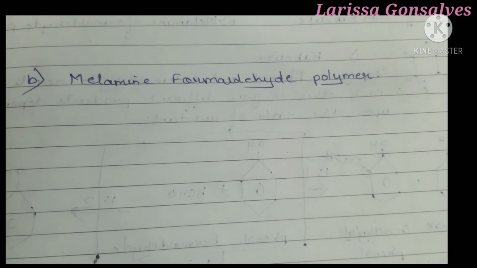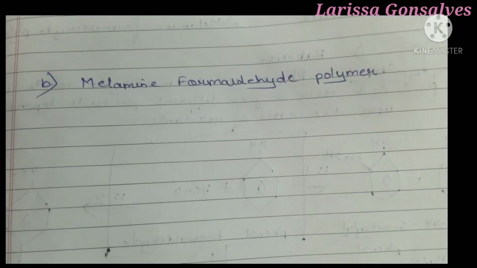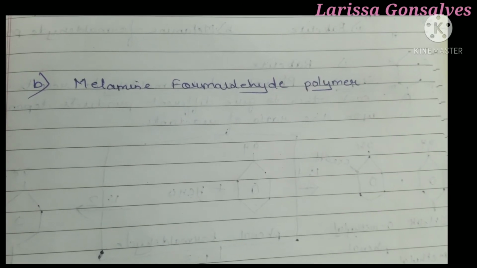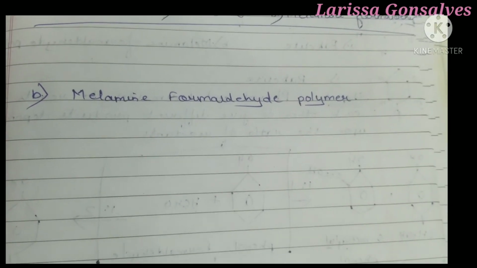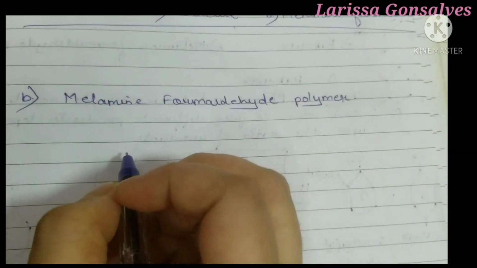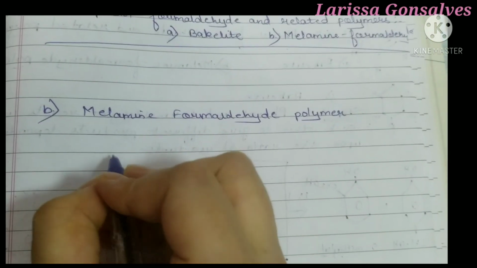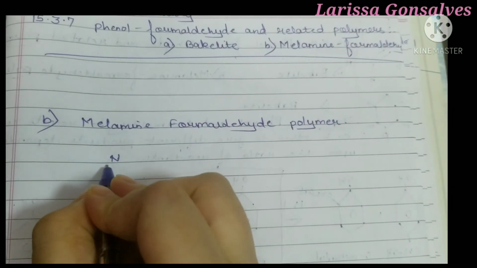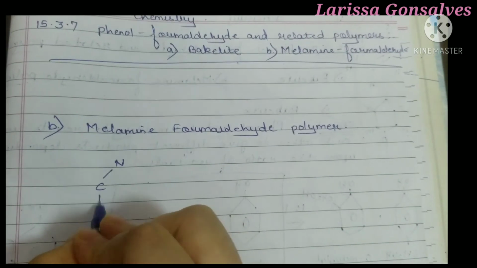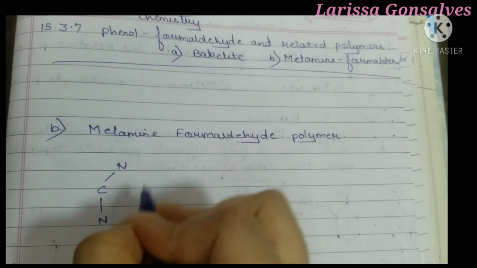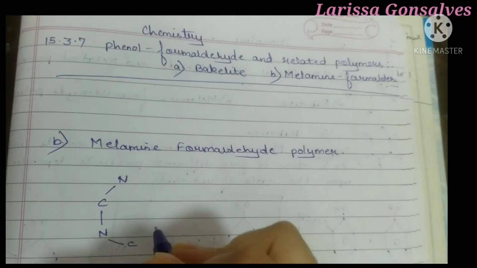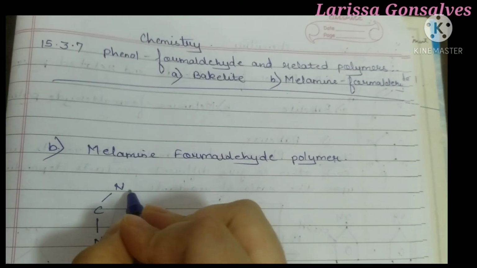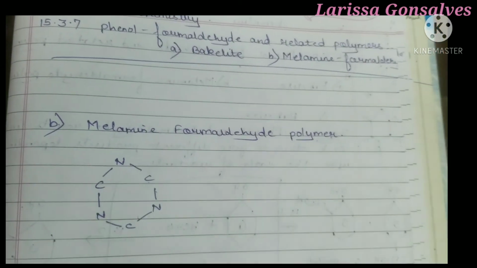The next polymer is the melamine formaldehyde polymer. So first we will be taking the reactant or the monomer melamine. You are going to draw the structure like this. First N, then you have the carbon atom, then again nitrogen. So it is basically alternate: carbon, nitrogen, carbon, nitrogen.